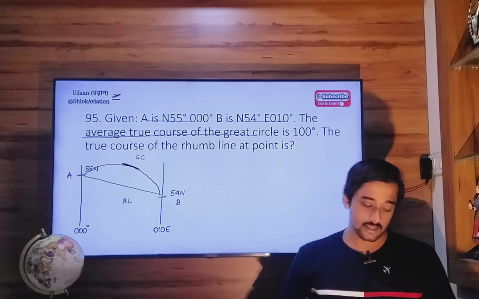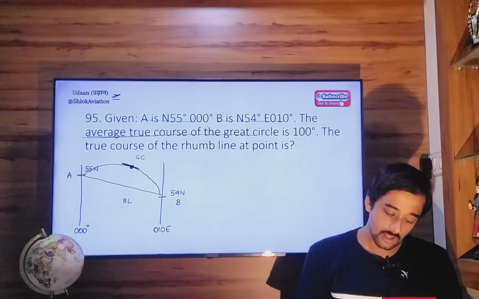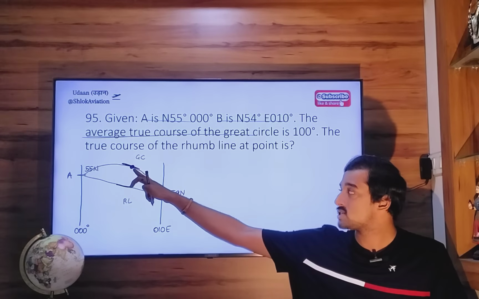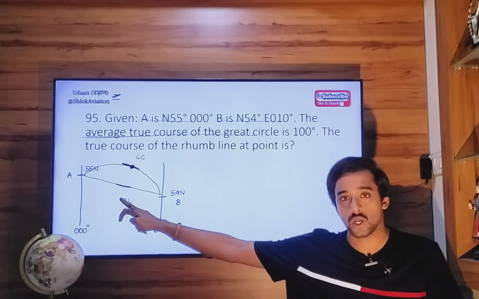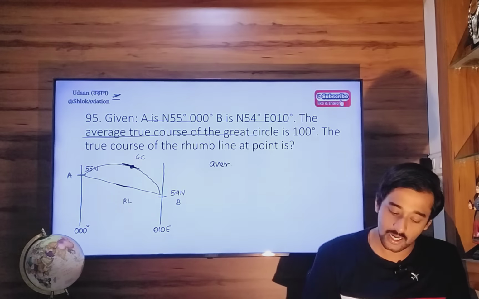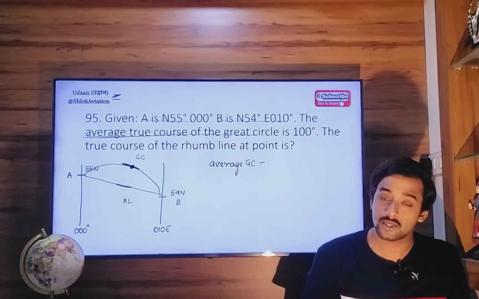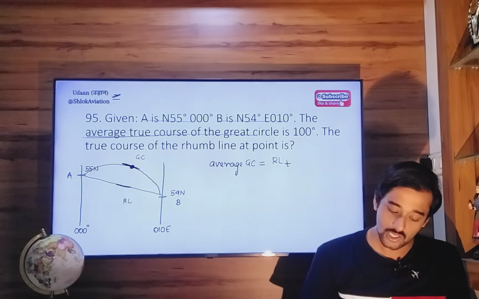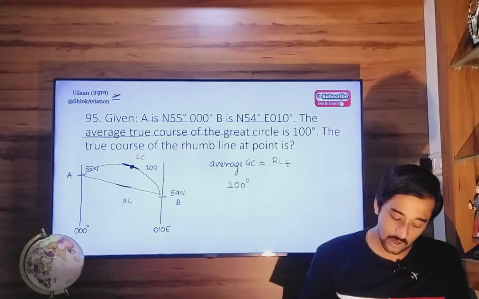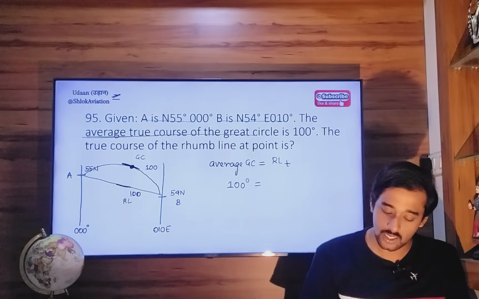Now the average of this great circle will be parallel to this rhumb line track. So the direction of this great circle will be equal to the direction of the rhumb line track. Whenever they use the words average great circle, remember it's another term for rhumb line track. So if the average great circle is 100, this rhumb line will also be equal to 100.